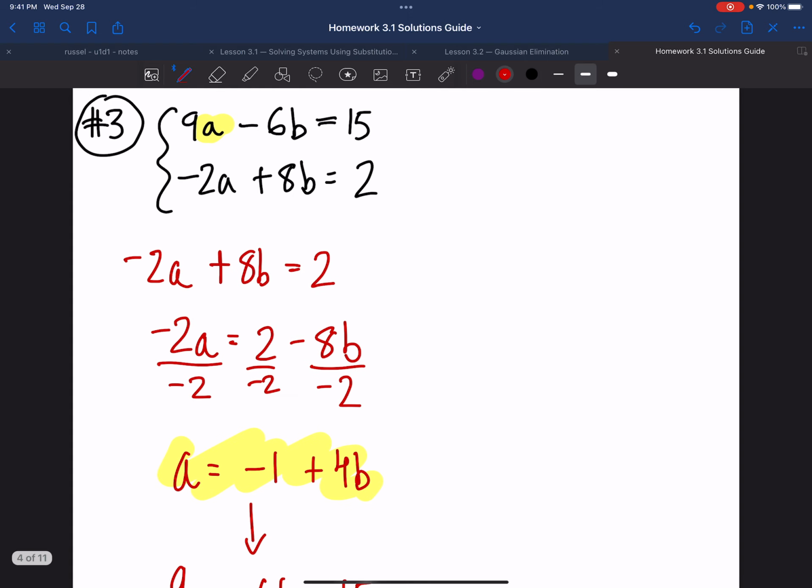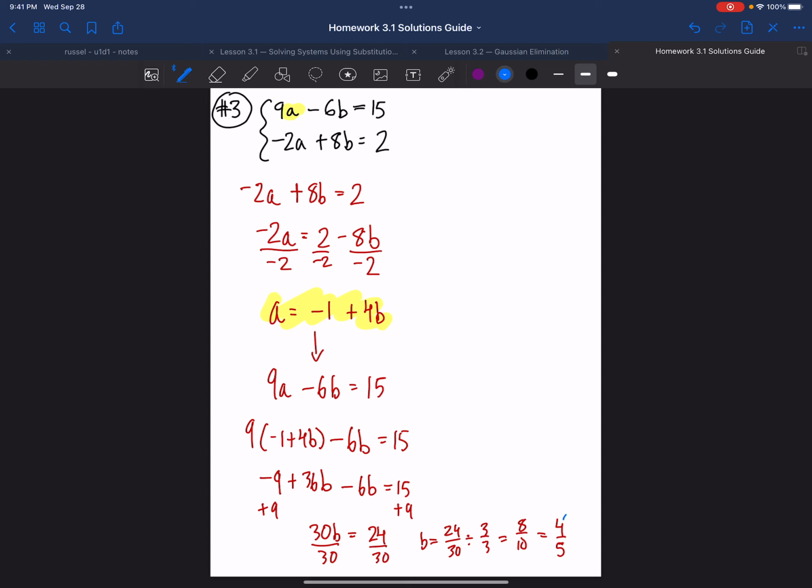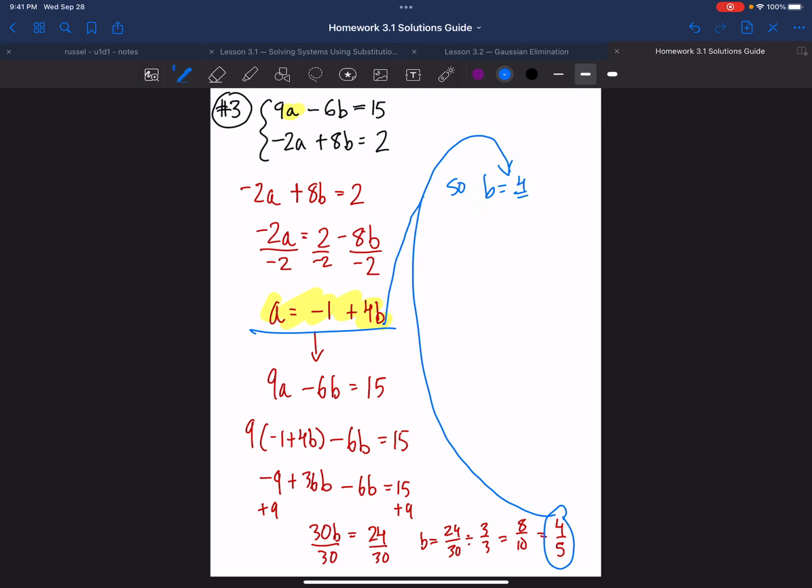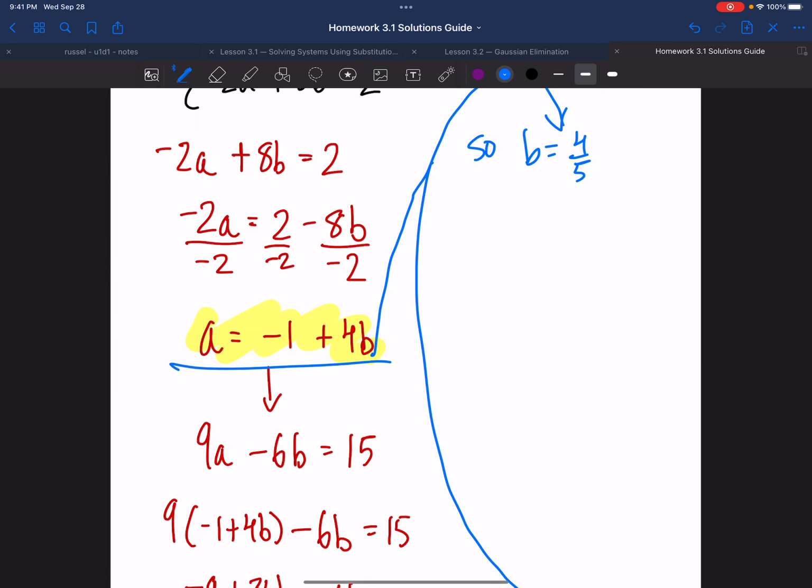So let's change colors here. Okay. So 4/5. We're going to use this. So b equals 4/5. Then a equals -1 plus 4b.